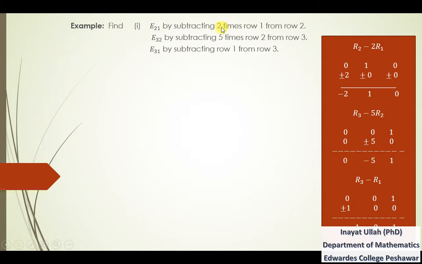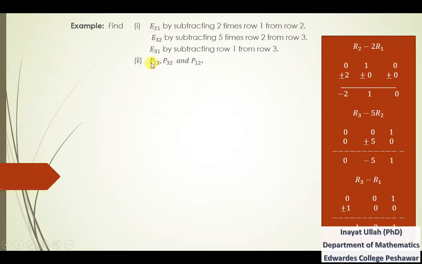How many times a row should be subtracted from another row will be given to you, or you may know it from the given matrix. Anyways, we need to find these elimination matrices, and secondly the permutation matrices P13, P32, P12.